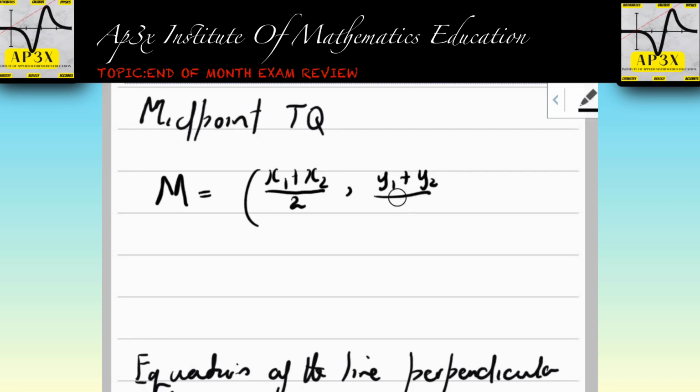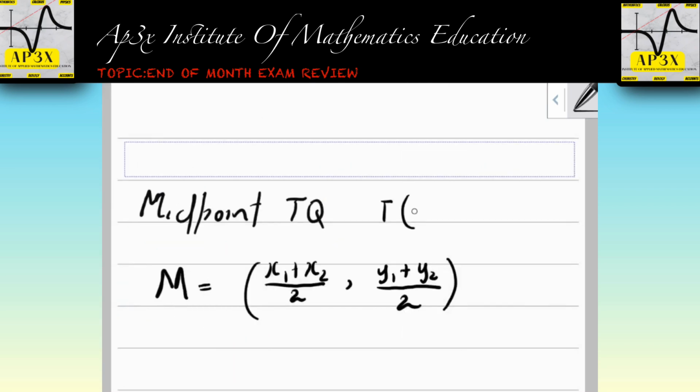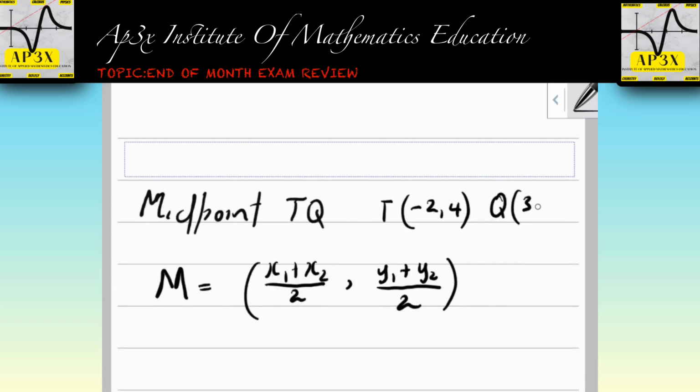Again, we're going to be using the points T and Q. If I remember correctly, T is negative 2, 4, and Q here is 3, negative 2. I always like rewriting my points and then relabeling again, so I'm going to have x1, y1, x2, y2.